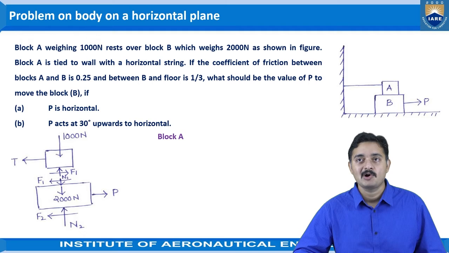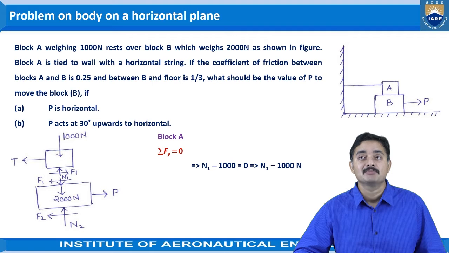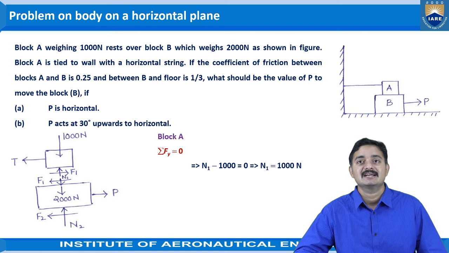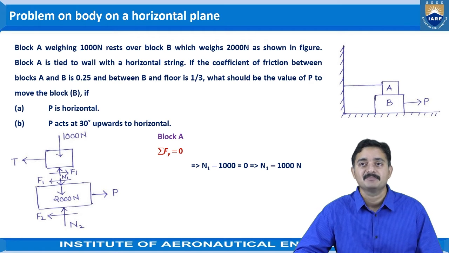When we consider block A and apply sigma Fy equal to 0, it leads to N1 minus 1000 equal to 0, where sigma Fy is the sum of the vertical components of the forces on block A. Here we are considering the equilibrium condition of the problem. So the value of N1 is 1000 newtons.